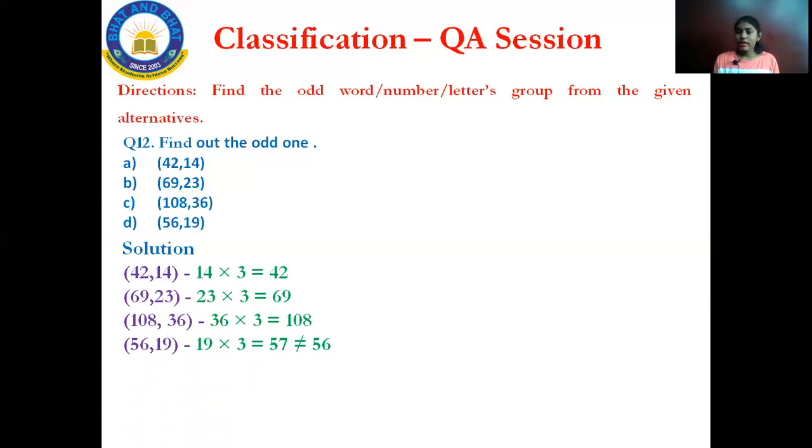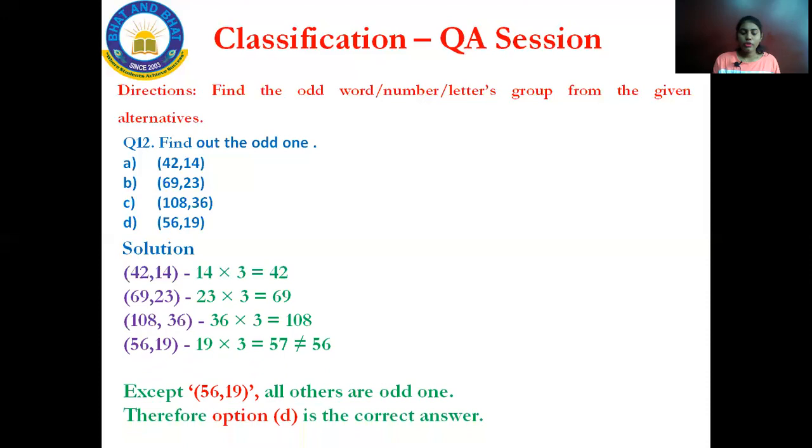So what is the correct option? Except 56 and 19, all others are correct. 42, 69, 108 are all multiples. So what is the correct option? Option D is the correct answer.